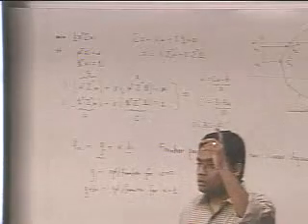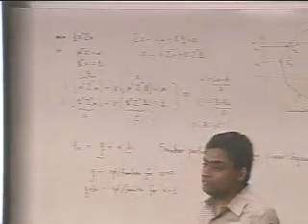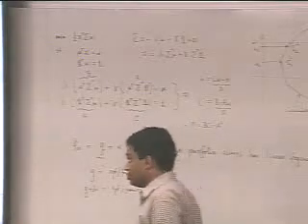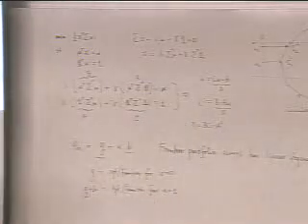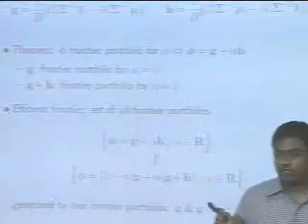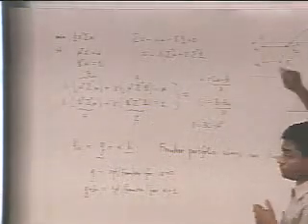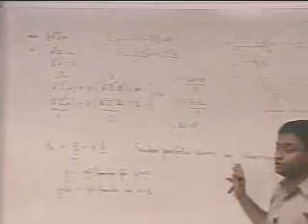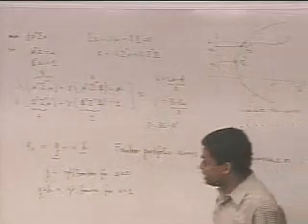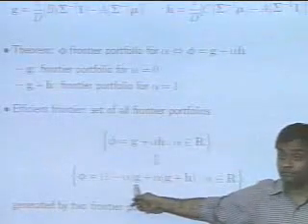Question? Now, in the homework, what you will be asked to show is that, in fact, something even more general is true. The entire portfolio can be generated by looking at just two mutual funds, any old two mutual funds that lie on the portfolio frontier with different returns. Here, I've taken the special case of one portfolio that has a return of 1 and another portfolio that has a return of 0.